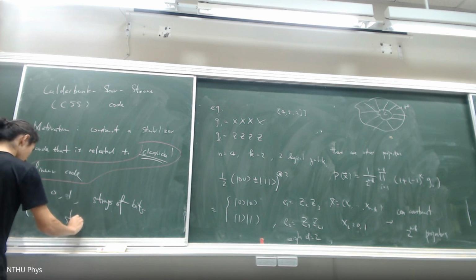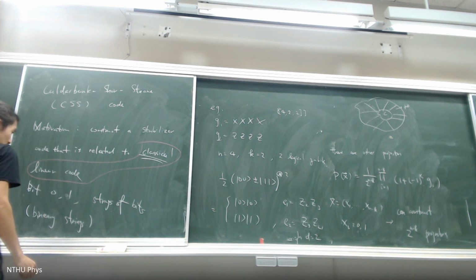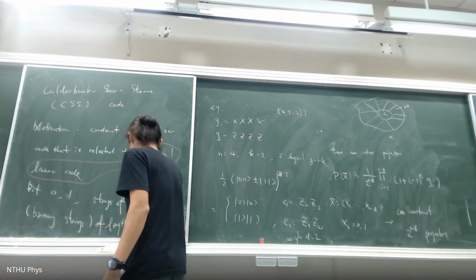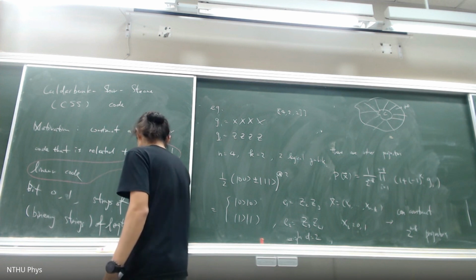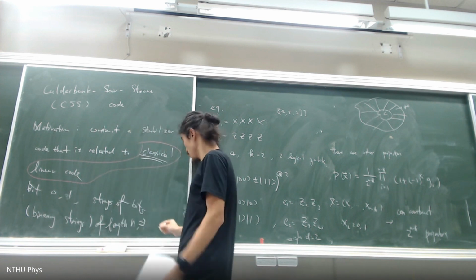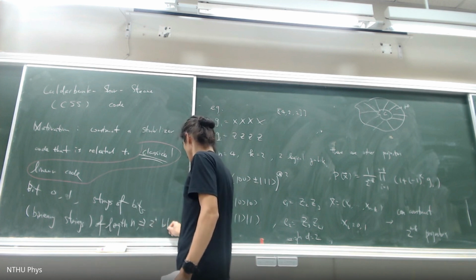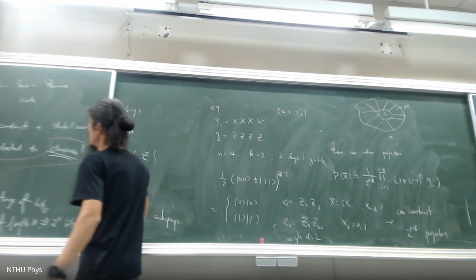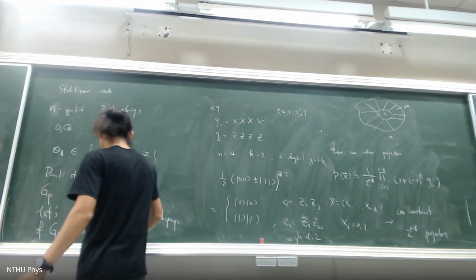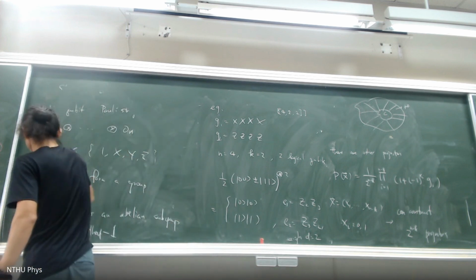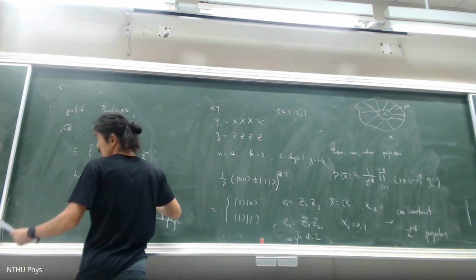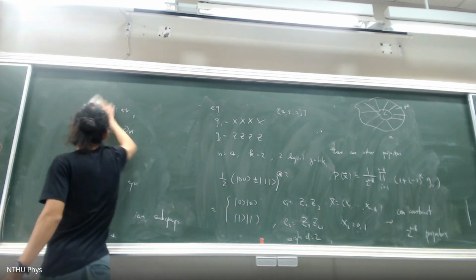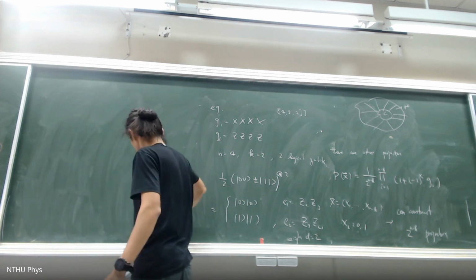Let's suppose the length is n, so that indicates it contains 2 to the power n strings. When we talk about a code, it means I want to encode some binary strings from these 2 to the power n strings.